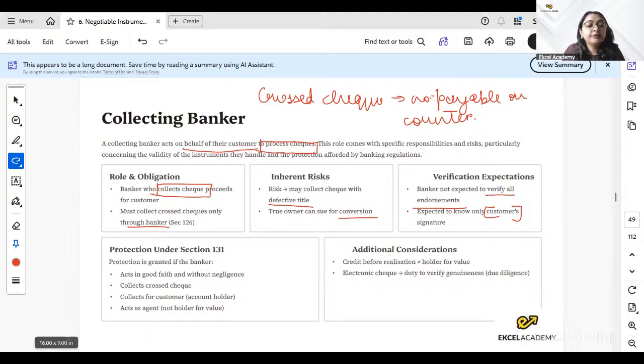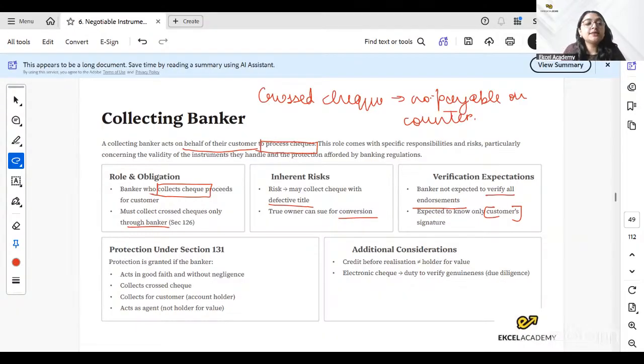That is something we have seen time and again: the banker is not expected to know everyone's signature, only their customers'. One of the most important keys: the banker will not be liable for knowing the endorser's signature. People who have an account with the bank have their signatures registered, and the bank is expected to know those signatures.